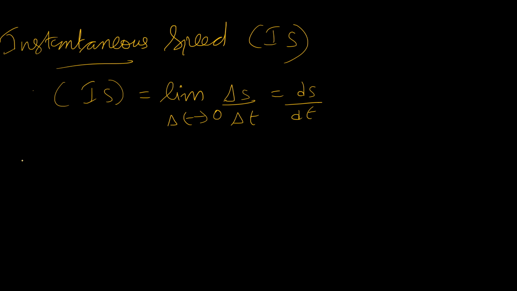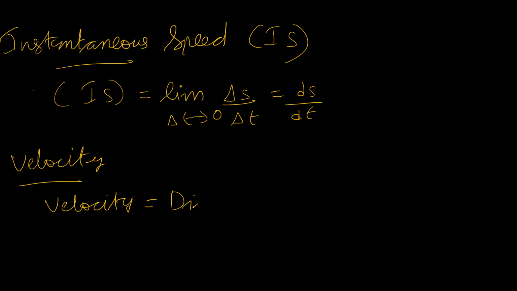The next thing that we're going to learn is about velocity, because these all things are enough for knowing about speed. Now let's move on to velocity. The time rate of change of displacement of an object in a particular direction is called its velocity. That is, velocity is equal to displacement by time taken.